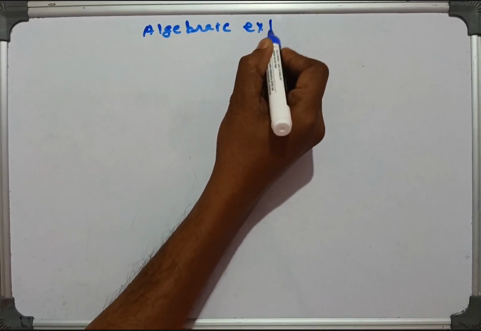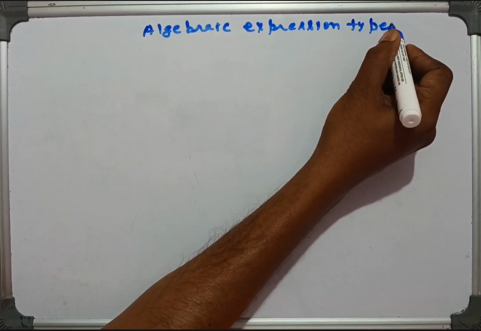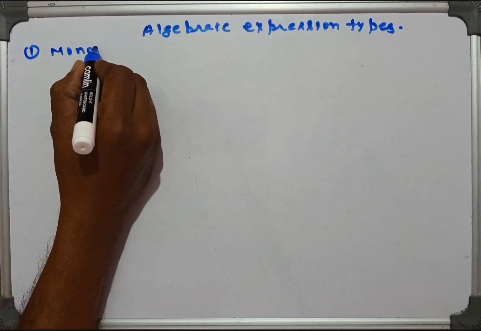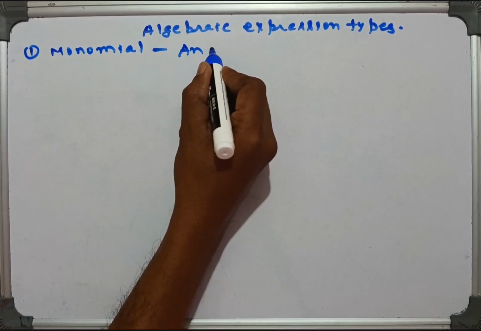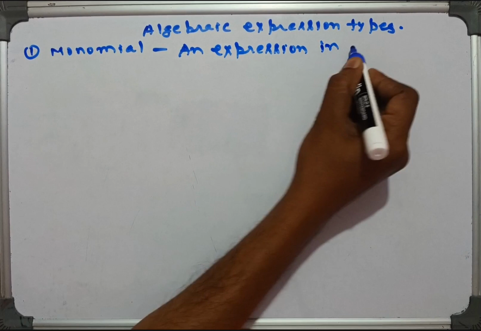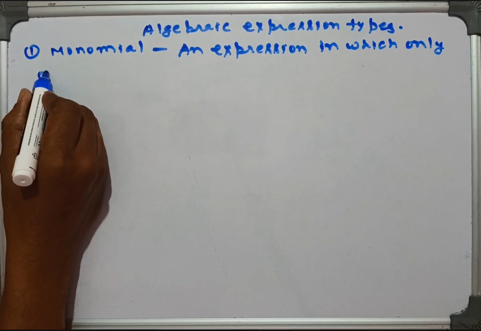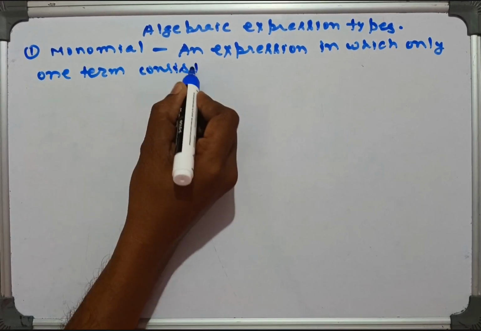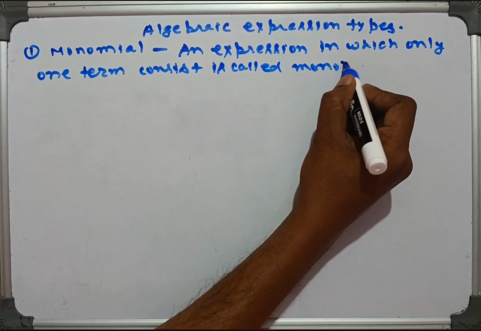Okay guys, algebraic expression types. So first one is monomial. An expression in which only one term consists is called monomial.